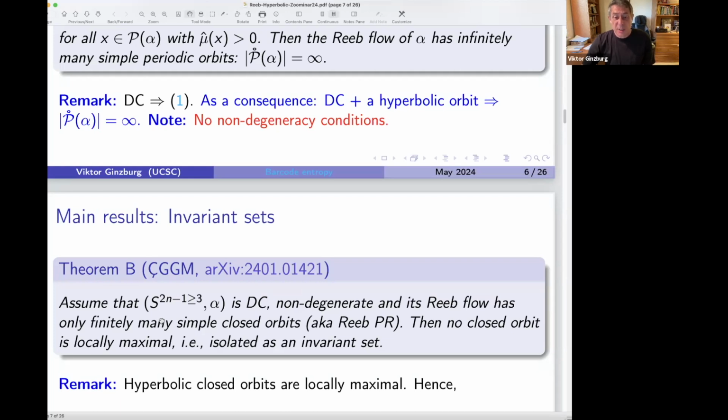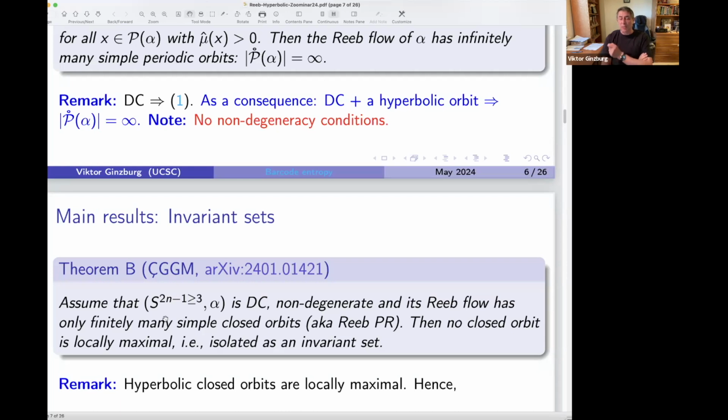Then there are no locally maximal closed Reeb orbits. So none of them is isolated as an invariant set.